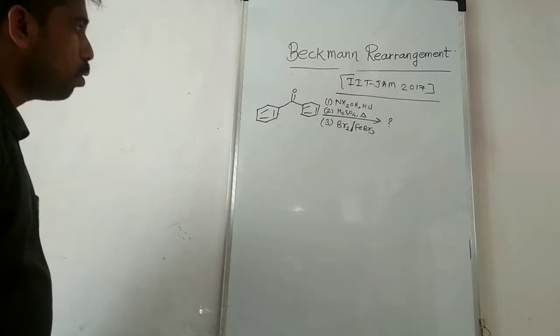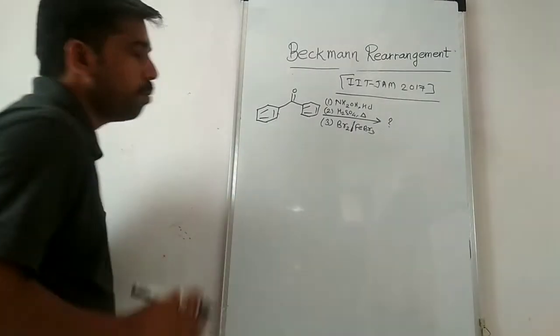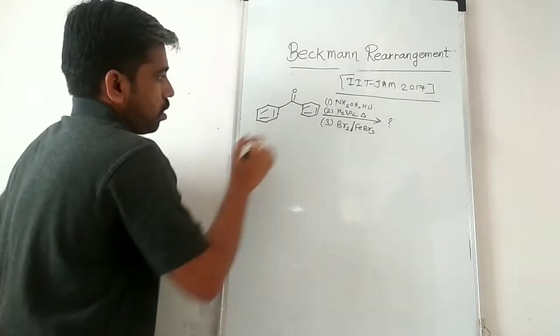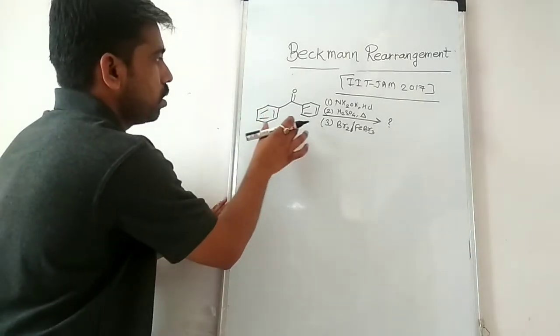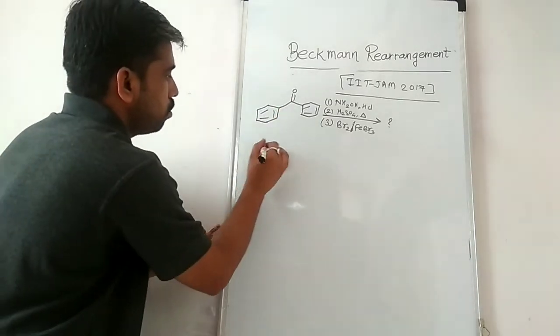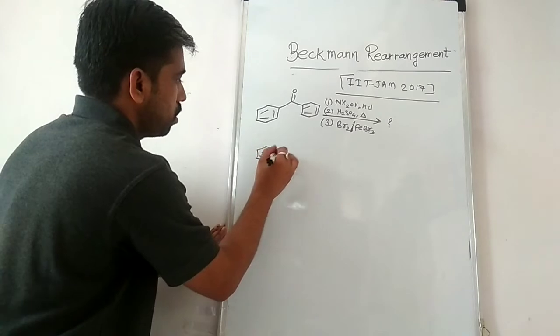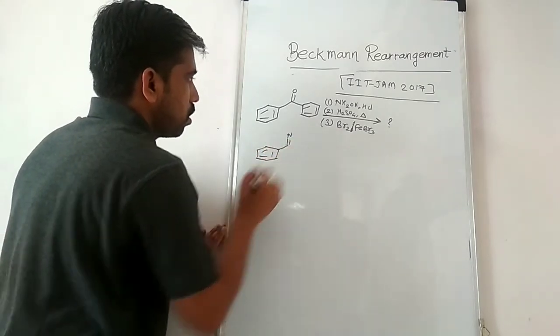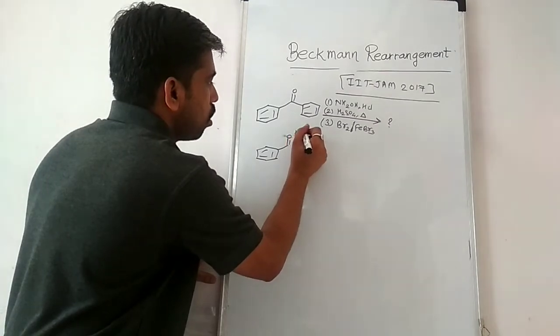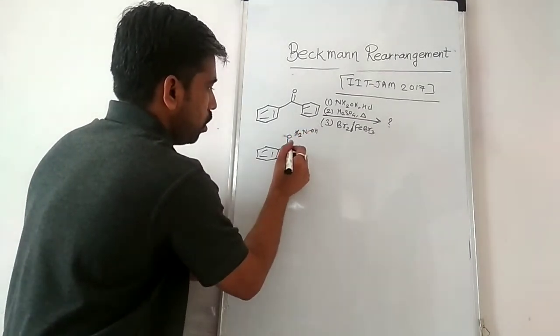Okay, now let's see the mechanism for this example, and we see firstly the mechanism of the first reaction like this. Now there is a formation of the oxime in the first step.